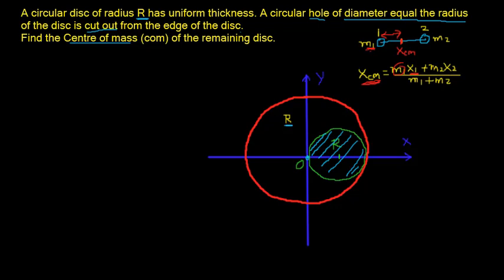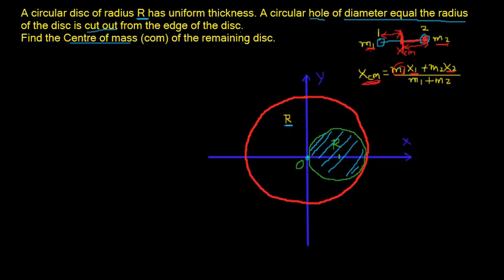Similarly, m2 is this mass and x2 is the distance of the second body from the center of mass. Now, if you consider the center of mass to be the origin, by using our conventions, distances on the left side can be taken as negative and distances on the right side can be taken as positive. So this is how we used to tackle a two body problem.